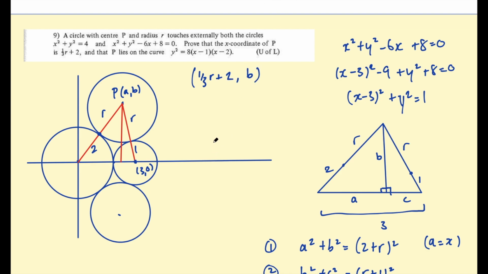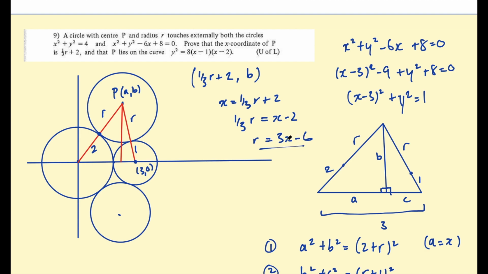We've labeled it b. We can rearrange r in terms of x, because x equals a third r plus 2, so we can say, let's write that out. Then we can say a third r equals x take 2, so r equals 3x take 6.